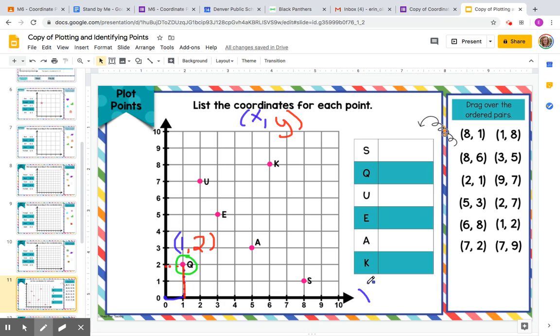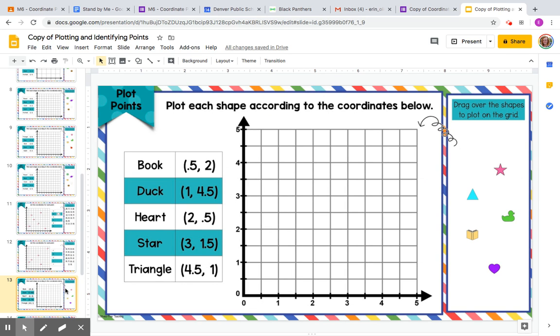Because remember, this is our x-axis, because it's over, and y is high or y up. So I'm going to go look for 1, 2 right here, and I'm going to bring it over to Q. And I'm going to keep doing that until all of my points are labeled.